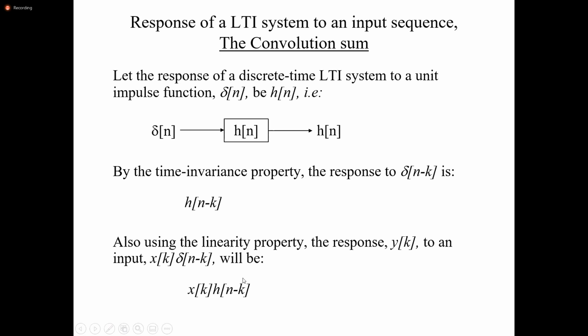So here we say that if we input a signal x of k, h of n minus k, then we expect to get out our response, which should be x of k h of n minus k.